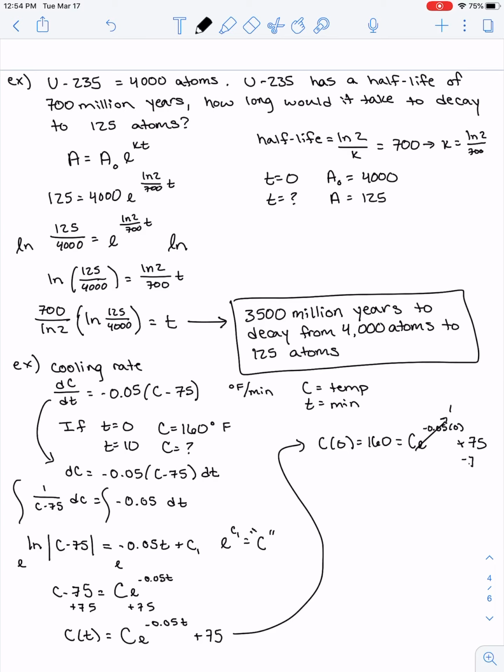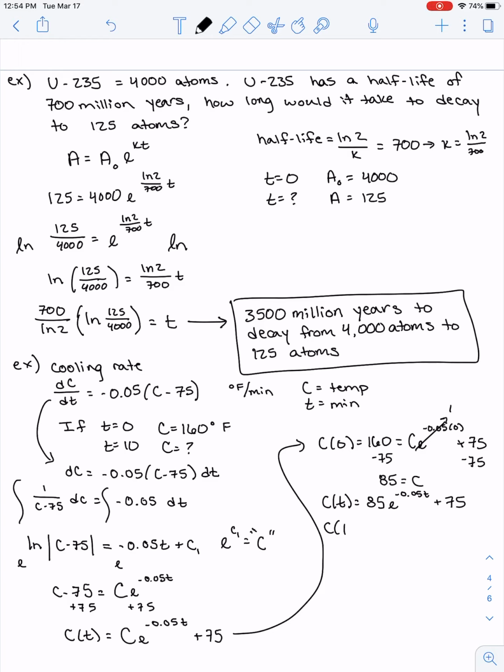I'll subtract 75 from both sides, and I get that 85 is equal to my constant. So then my equation becomes C of t is equal to 85 e to the negative 0.05 t plus 75.